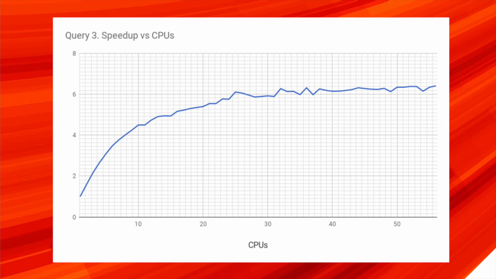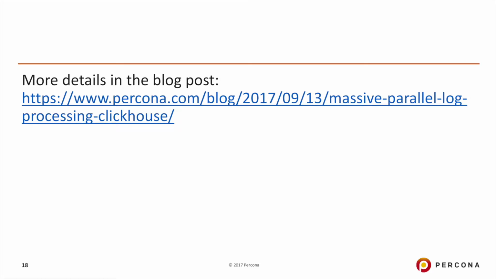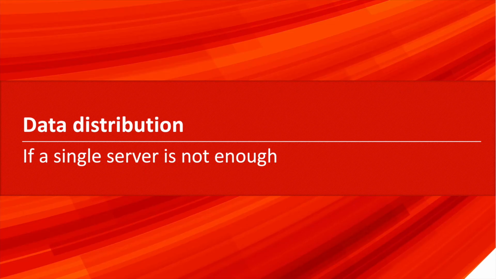And the graph of speed up against CPU threads looks like this one. And again, this all depends on your query. If a query is less suitable for parallel execution, you might expect less parallelization and a smaller speed up on multiple CPU threads. More details about this experiment you can see in our Percona blog post.